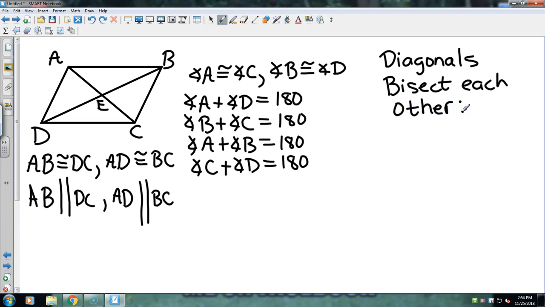Which simply means this. AE is congruent to EC, and DE is congruent to EB.